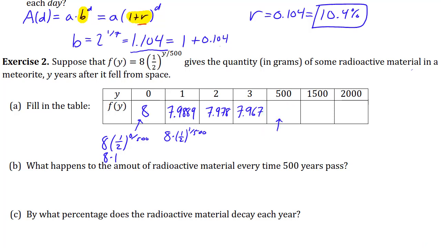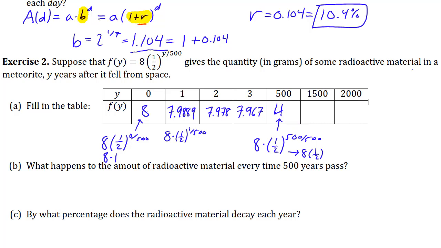If the y is 500, the formula is going to become 8 times 1/2 to the power 500 over 500, which is 8 times 1/2 to the power 1, which is just 8 times 1/2, which is 4.